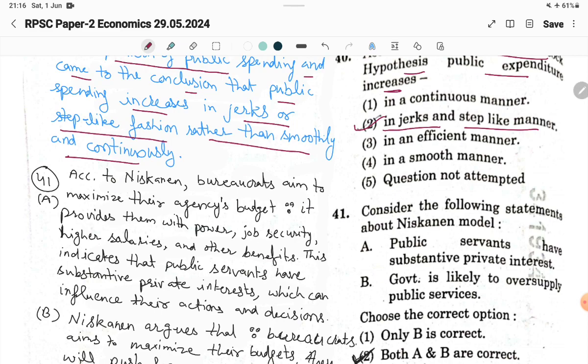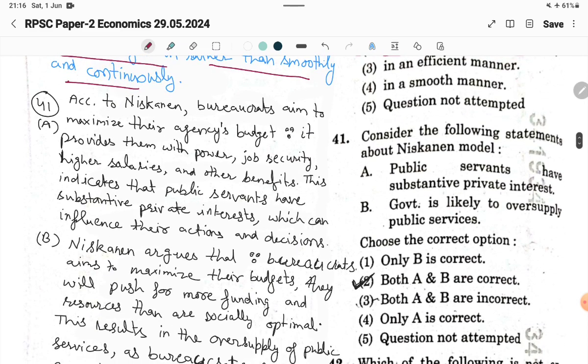Now the 41st question. Consider the following statements about the Niskanen model. It's a new concept, because I haven't seen it in any other exams, so it's new for me.